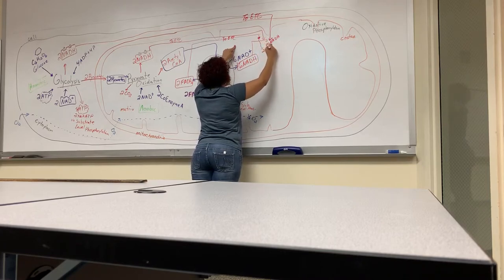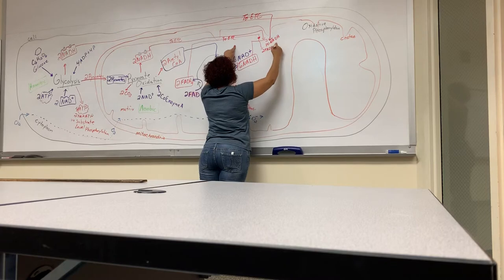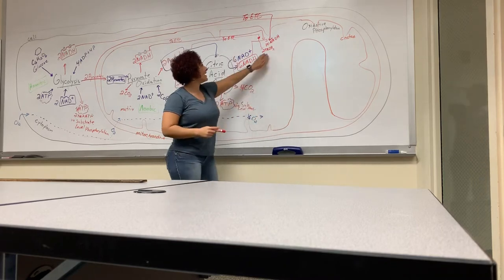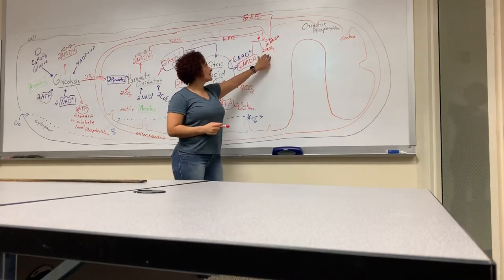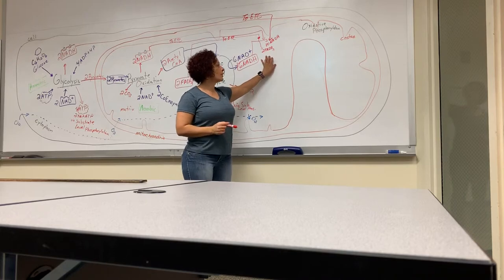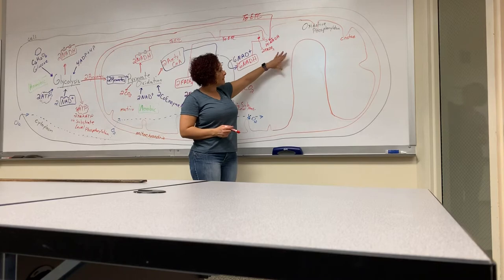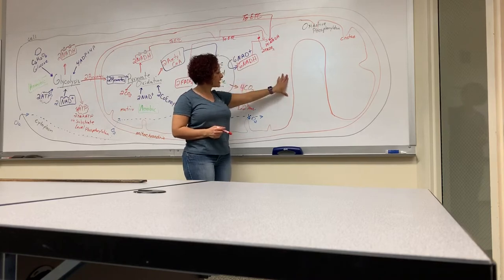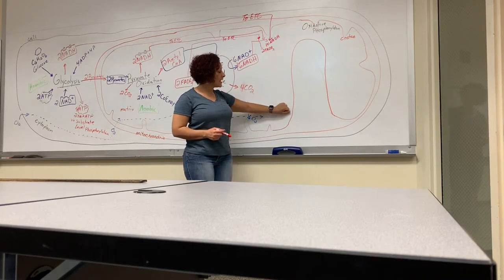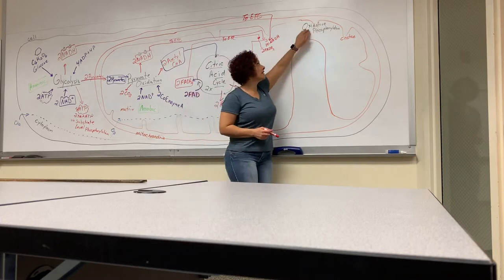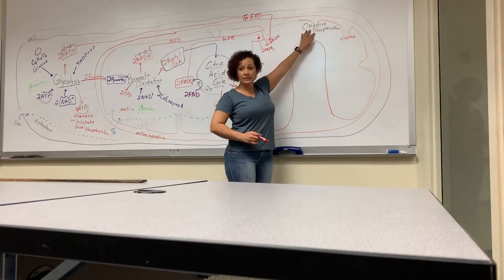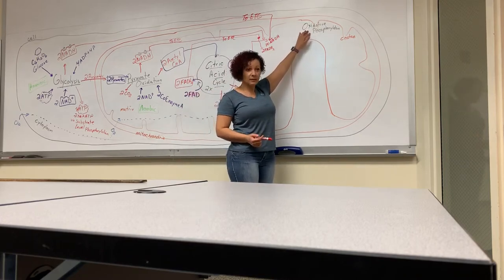Your FADH2 goes here: 2 FADH2. These are high energy molecules. They are going to be sent to oxidative phosphorylation, which is a combination of electron transport chain and chemiosmosis. And this one right here is the best guy of all because he's going to make the most ATP.